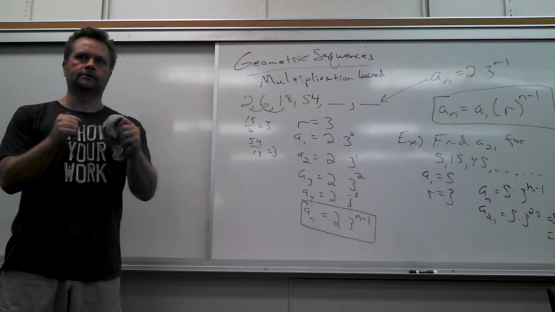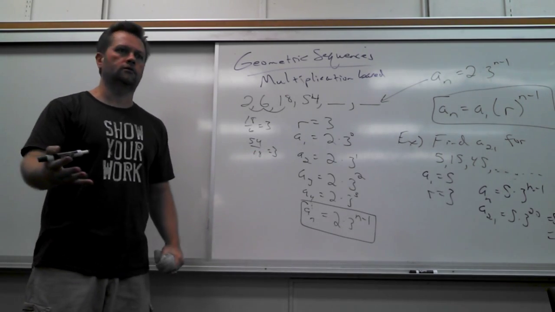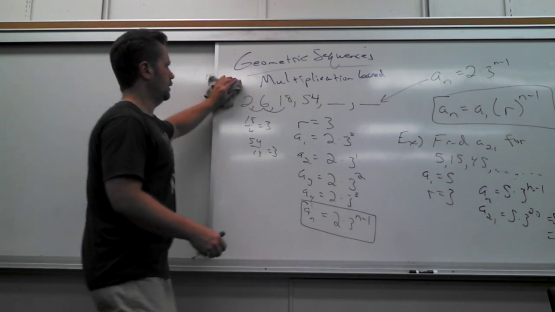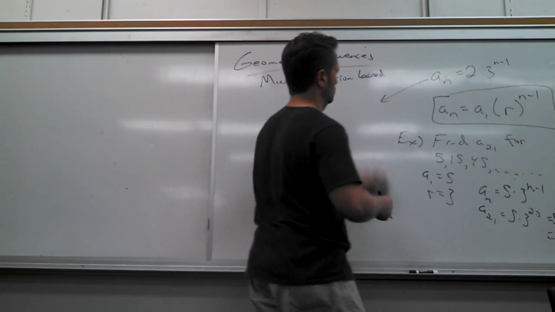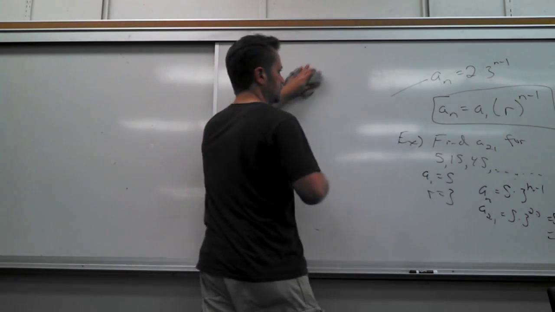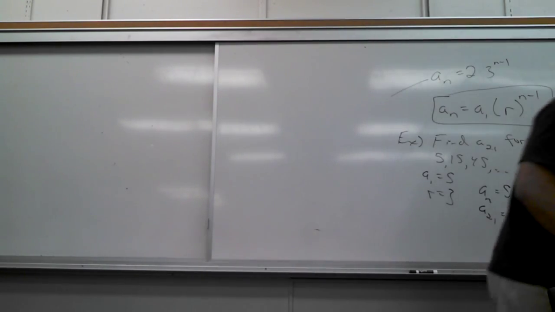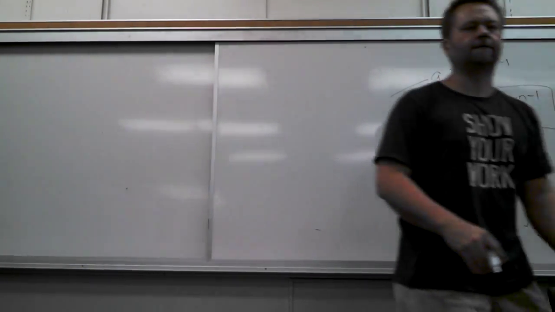All right. So that obviously can get big very quickly because it's based on multiplication. Now here's the weird part. If I wanted to add up so many terms of this, and I don't think the book actually shows you this, they just give you the answer. So I'm going to try to show you why this works.